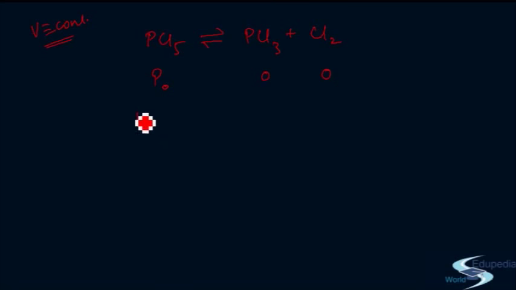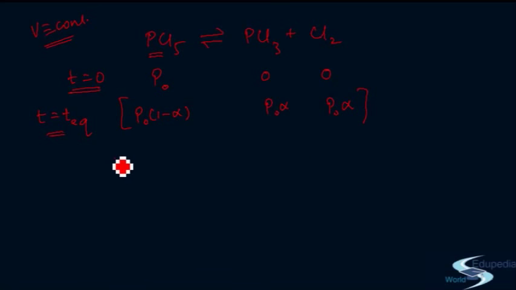Directly writing in terms of alpha, we know that P0 into (1 minus alpha), P0 alpha and P0 alpha are going to be the pressures at equilibrium. You can also solve it in this way. If at t equal to 0 this is the partial pressure of PCl5, at equilibrium the partial pressures will look like this.